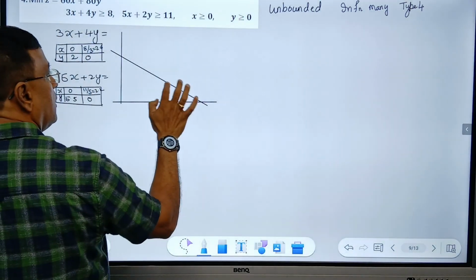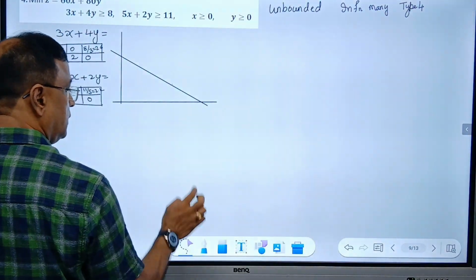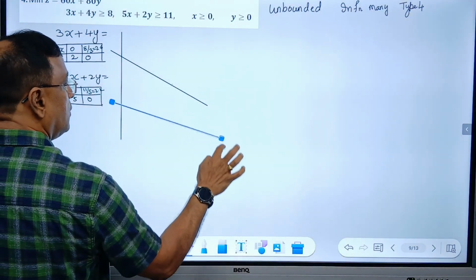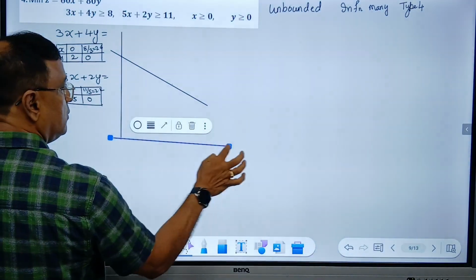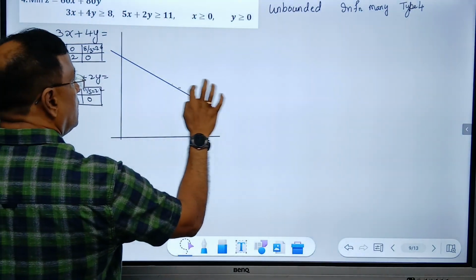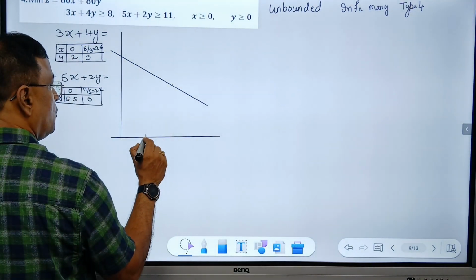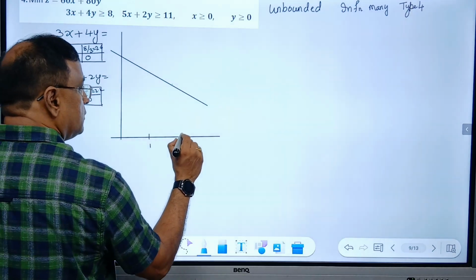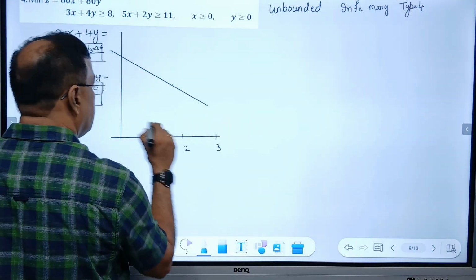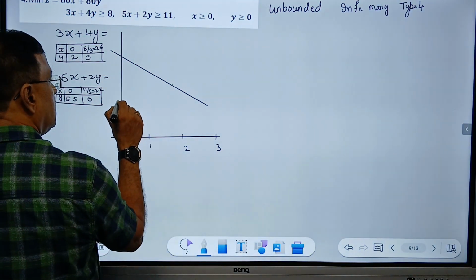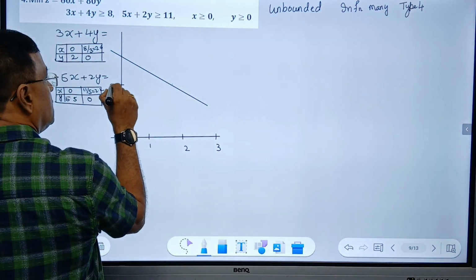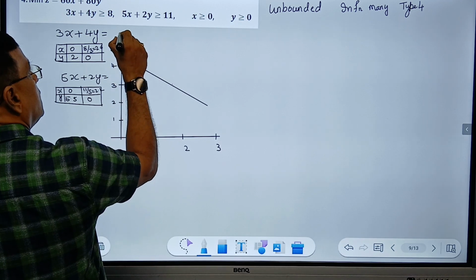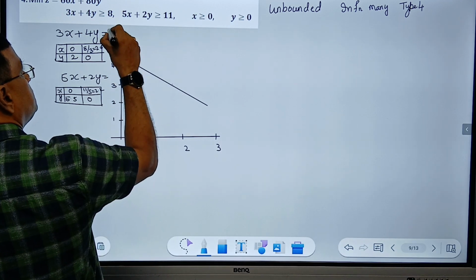Sorry, I need to stretch this a bit more. This is 1, 2, 3, 4, 5, and 6.